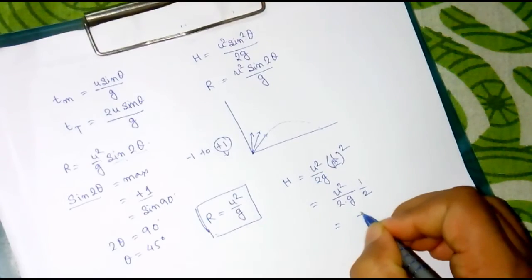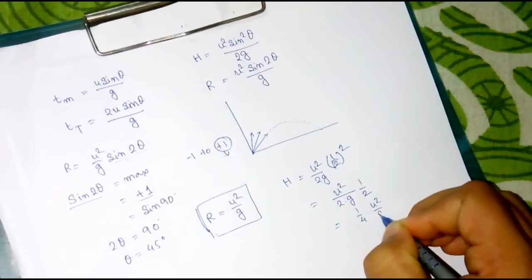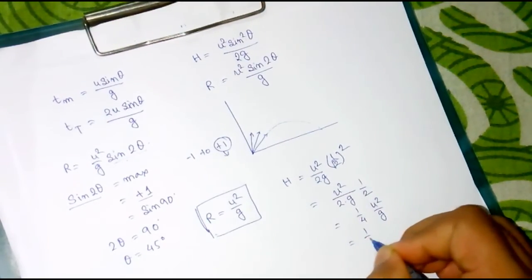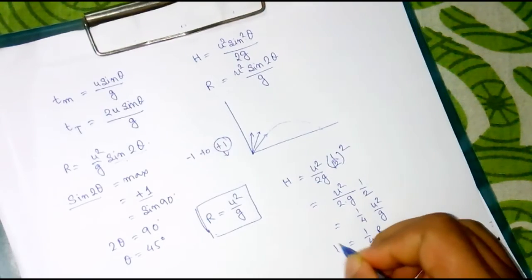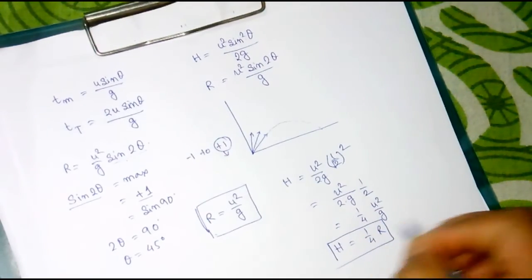So it is u square by 2g into 1 by 2, which is 1 by 4 of u square by g. Now u square by g means r, so the height is 1/4 of r.